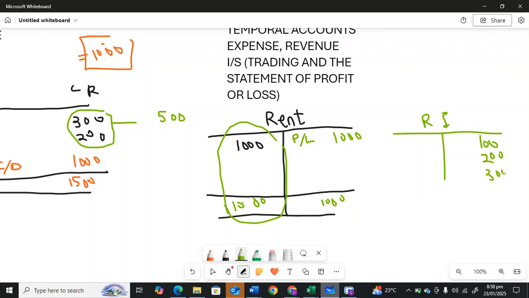So for this return inwards account, which is a contra revenue account, it has to be on the debit side because it's contra revenue.